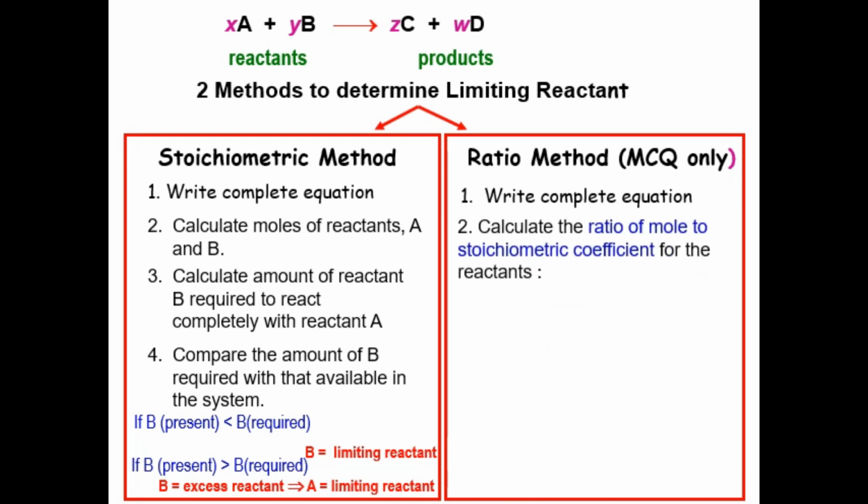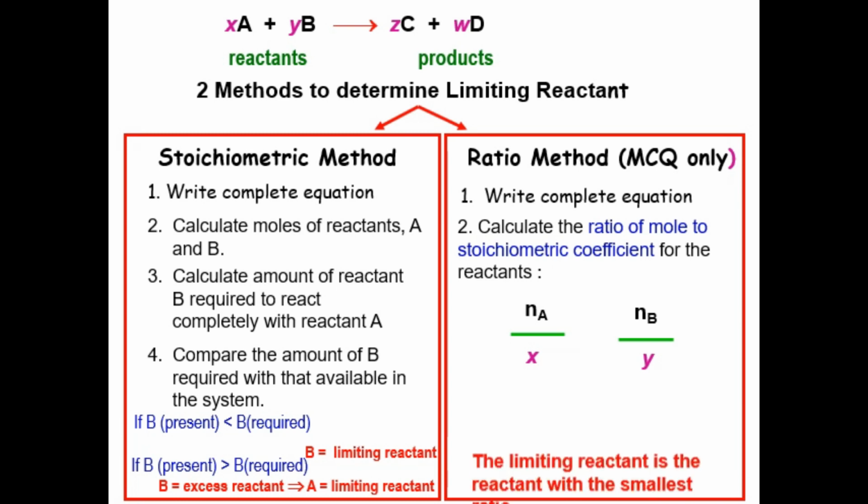Second, you have to calculate the ratio of moles to their stoichiometric coefficient for each of the reactants. For example, the moles of A must be divided by its stoichiometric coefficient, and referring to the example equation above, moles of A must be divided by X, while the moles of B must be divided by Y.